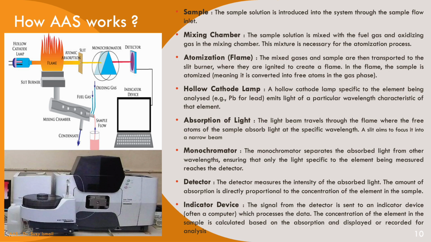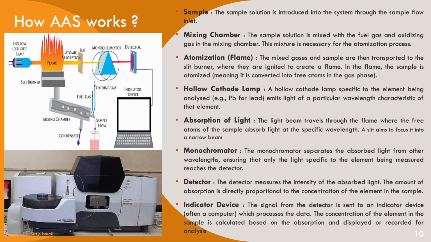And absorption of light. After the cathode lamp has shone, the beam of light travels through the flame, where the free atoms of the sample absorb light at a specific wavelength. A slit aims to focus the light into a narrow beam, because after the flame it is still a wide beam, so making it narrow before entering the monochromator is very important.